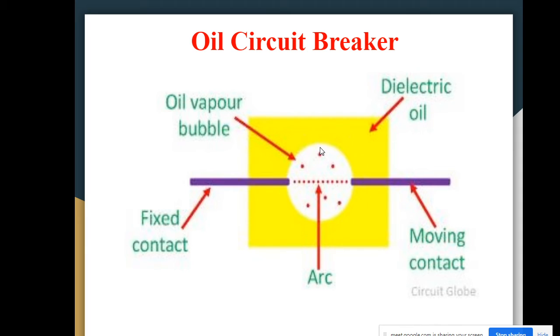The key point that you need to notice is that this heat evaporates the oil surrounding the contacts, and when it evaporates, the oil dissociates and produces hydrogen gas.